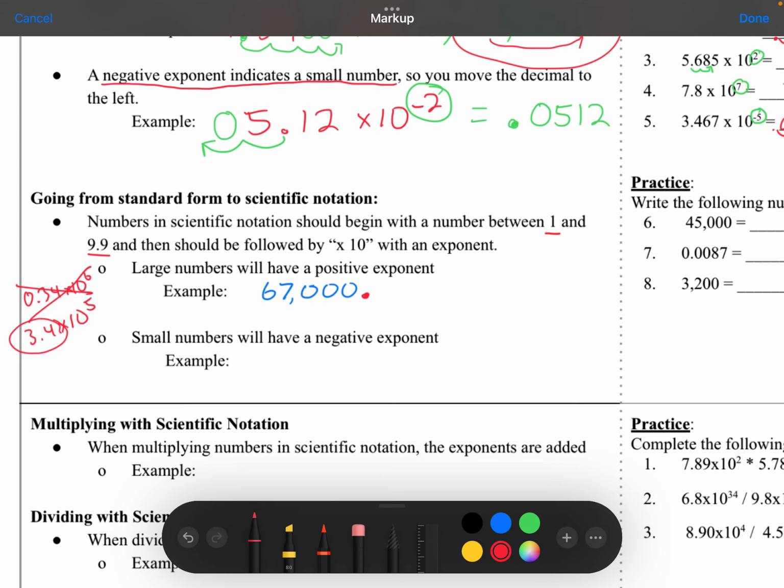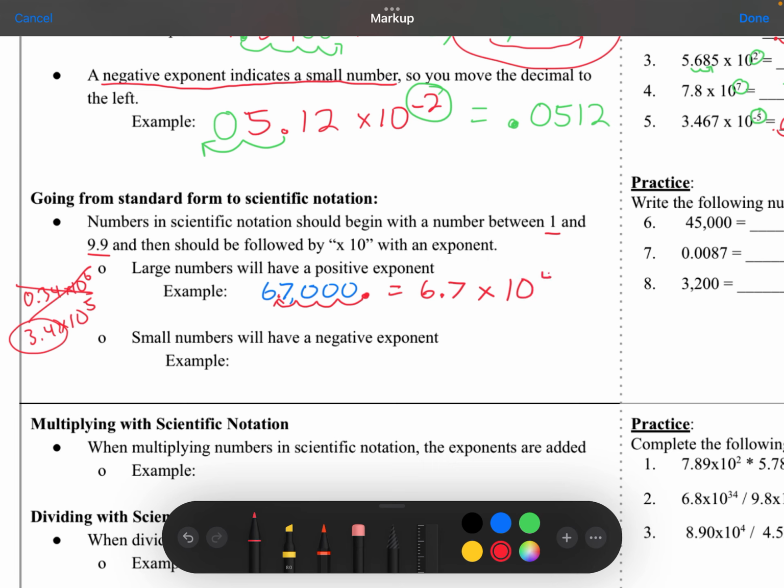In this case, to land on a number between 1 and 9.9, I'm going to move it over 1, 2, 3, 4 spaces and put it right there. So my new number is 6.7. Again, that falls between 1 and 9.9. I moved my decimal place 1, 2, 3, 4 spaces over.